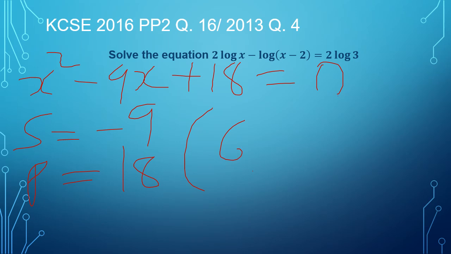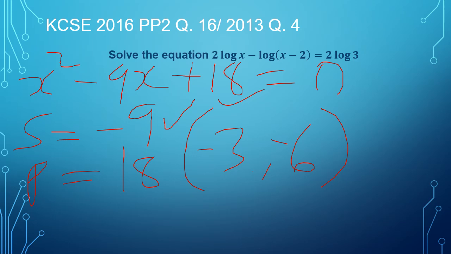So we can have 3 and 6. But 3 plus 6 is positive 9, so both must be negative. Negative 3 plus negative 6 is negative 9. Negative 3 times negative 6 is positive 18.